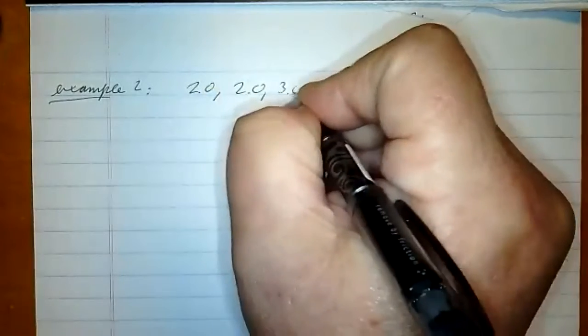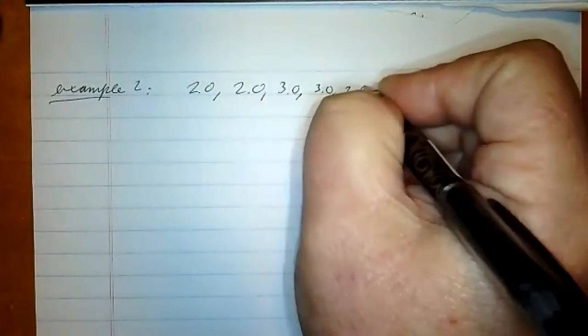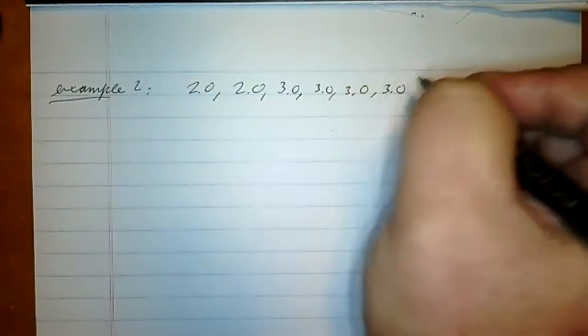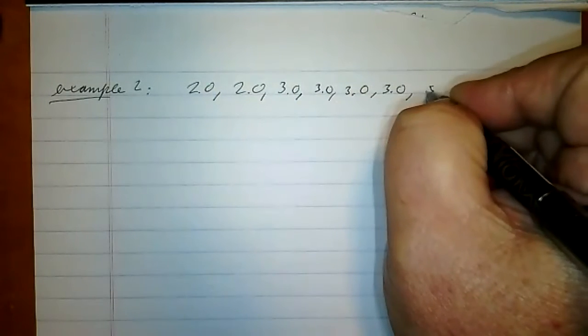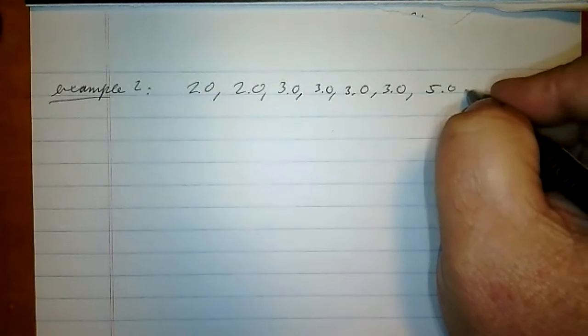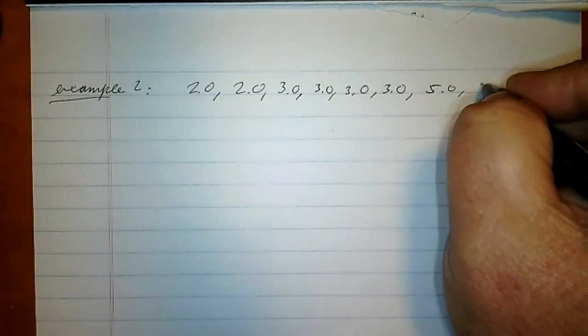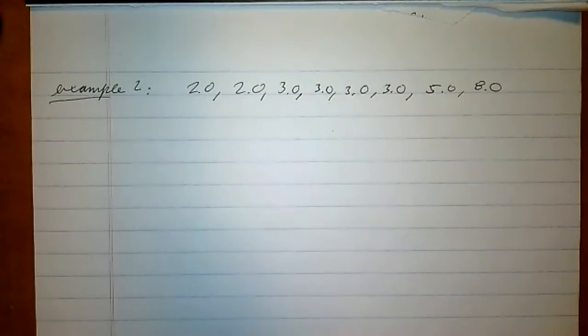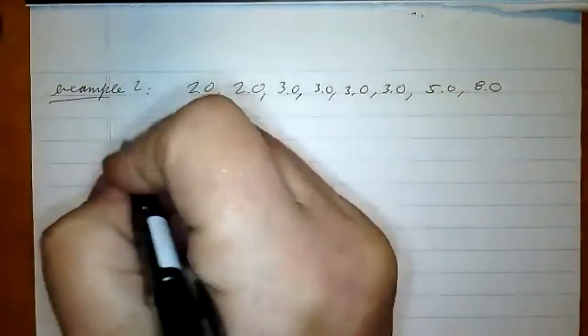Let's say our speeds are 2.0, 2.0, 3.0, 3.0, 3.0, 3.0, 5.0, 8.0. Okay, let's do some crazy stuff like that.